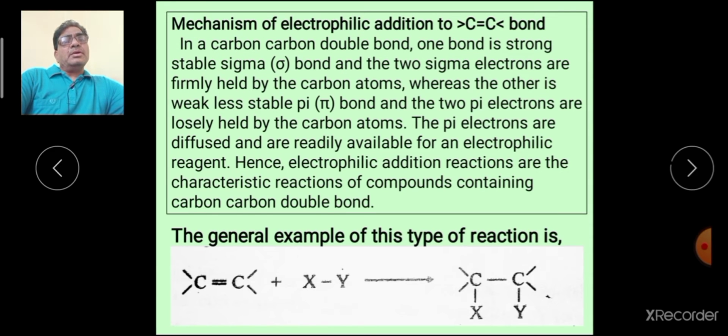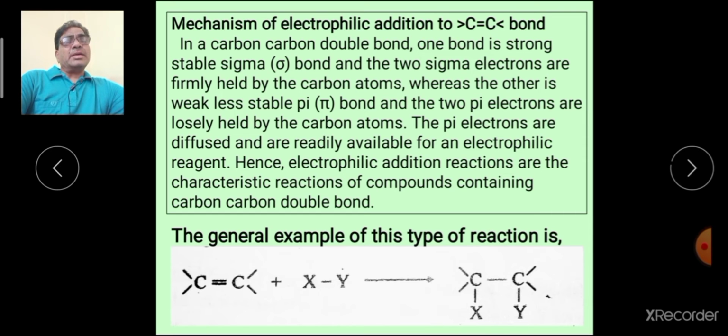Then we are going to study the mechanism of these addition reactions to the carbon-carbon double bond. I have told you that in these compounds one bond is a strong sigma bond, and the 2 sigma electrons are firmly held by the carbon atoms, whereas the other is weak and less stable, that is the pi bond, and these 2 pi electrons are loosely held by the carbon atoms.